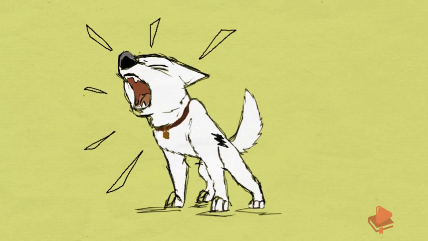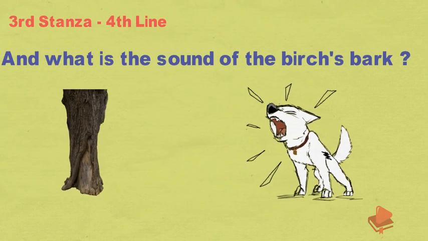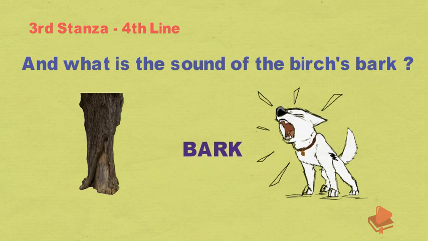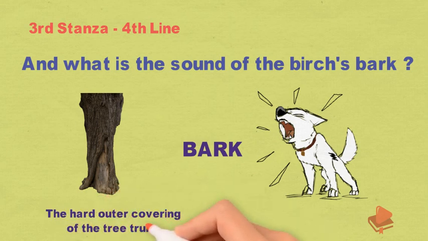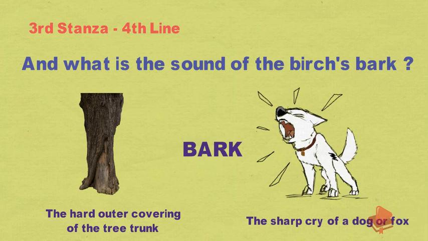This bark is actually the bark of a dog. So bark is a homograph, where on one side it is the hard outer covering of the tree's trunk, and on the other side it's the sharp cry of a dog or fox. So bark is a homograph in this line. So that is what the poet is trying to tell us.